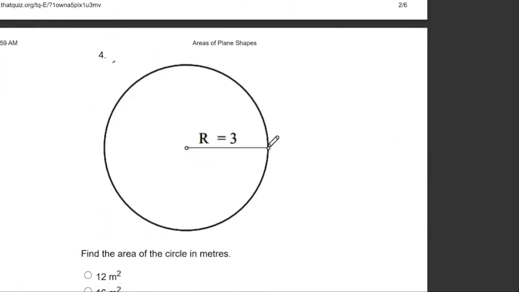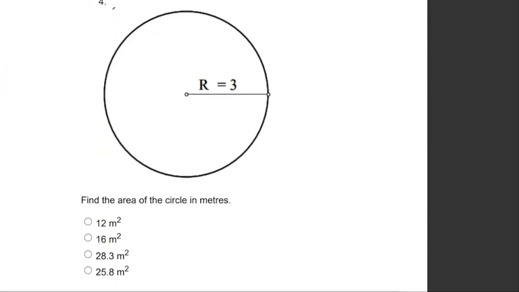Then question 4 is on circle. So find the area of the circle in meters. So area of circle is pi r squared. Since you are not given the value to use for pi, you can use 22 over 7. So this is going to be 22 over 7 times r. This is r, that is 3 squared.